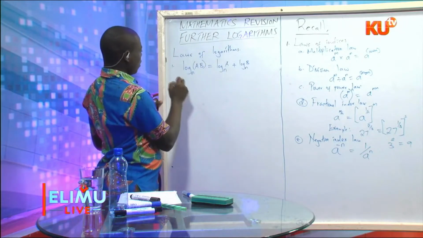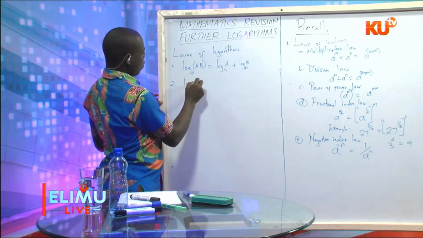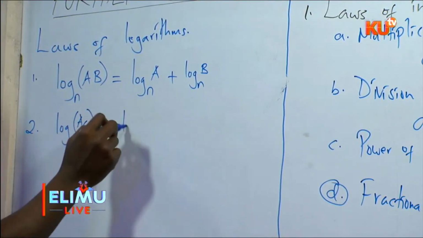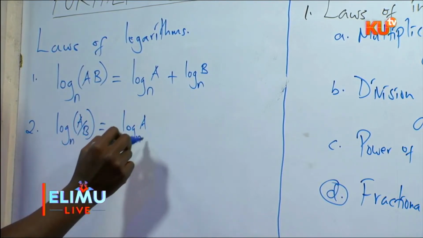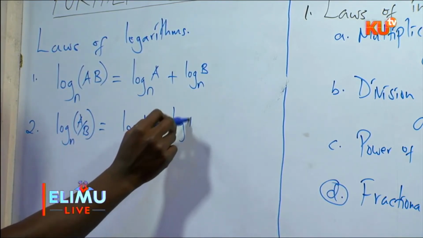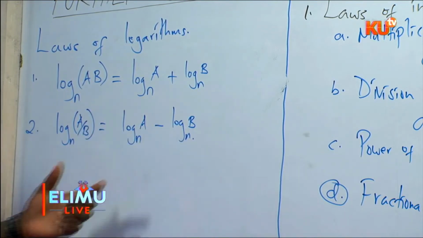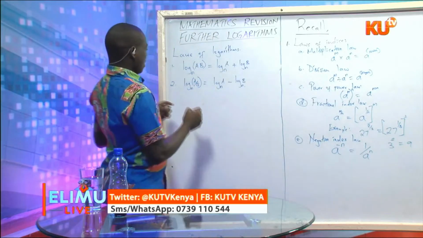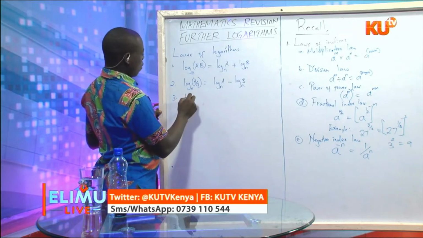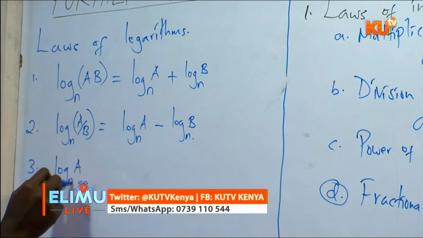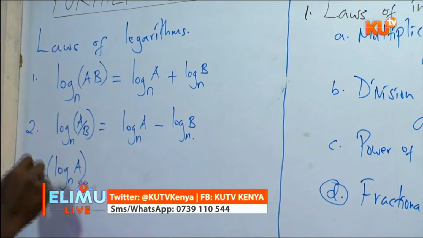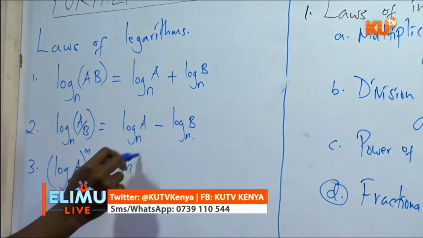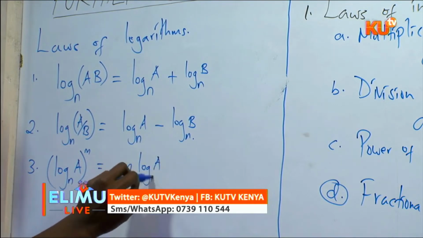Number 2, the log of a number a over b to the base n will give us the log of a to the base n less the log of b to the base n. Again, from the division law of indices. And number 3, log of a number a to the base n, now this is to the power m, I will then obtain m log of a to the base n.